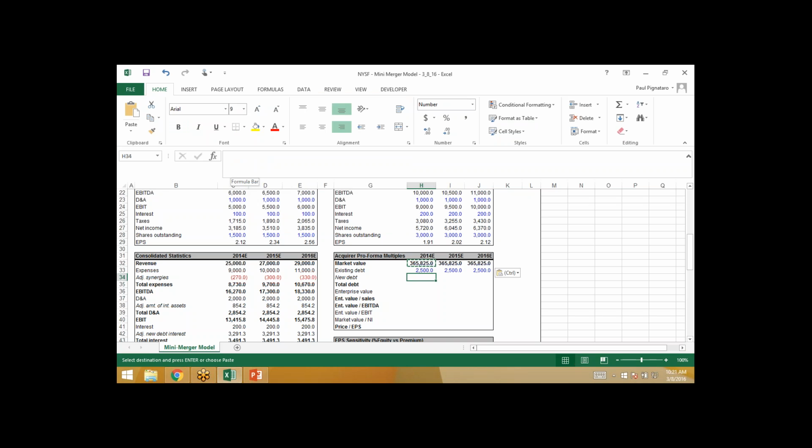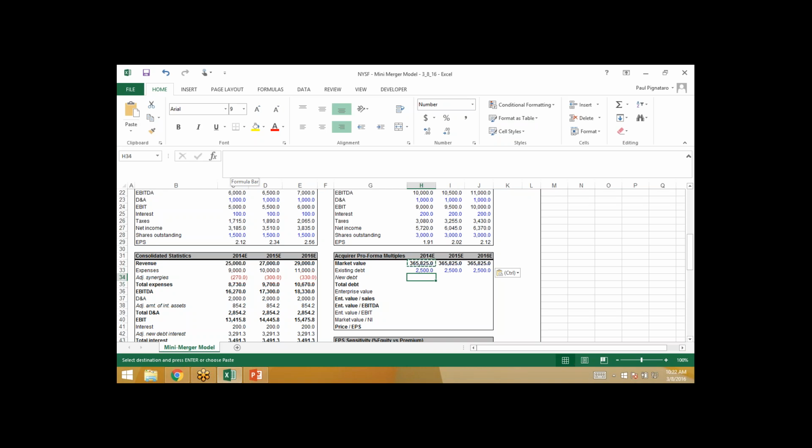And then we want to get enterprise value, so we need the acquirer's net debt. If you notice, we have not utilized it yet. The acquirer's existing net debt, the debt that they've had on their balance sheet, is not the complete picture of net debt. Why? We raised a bunch of debt.